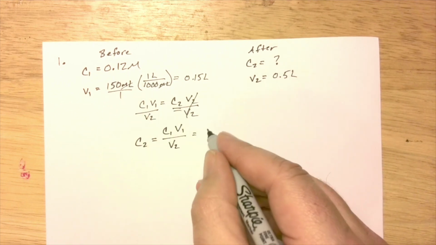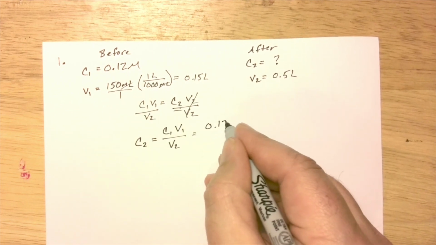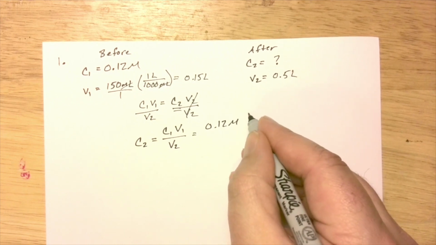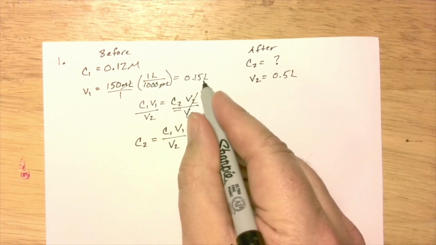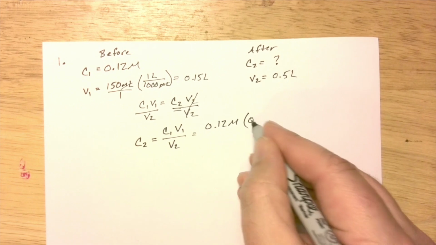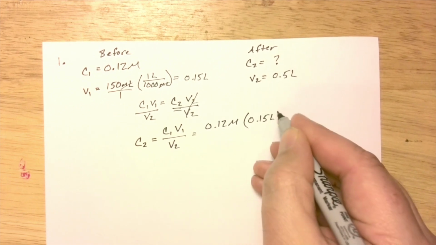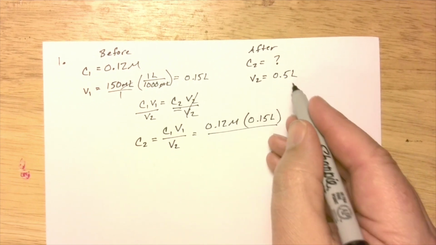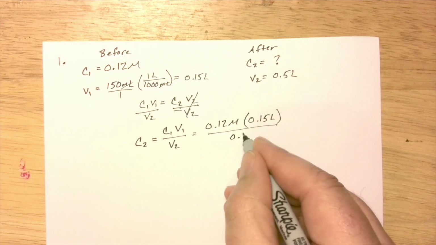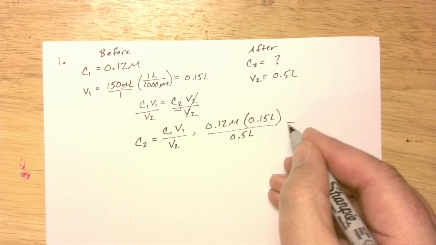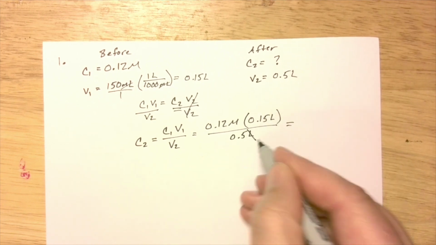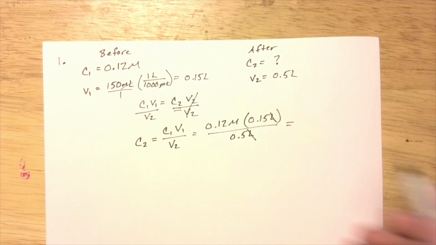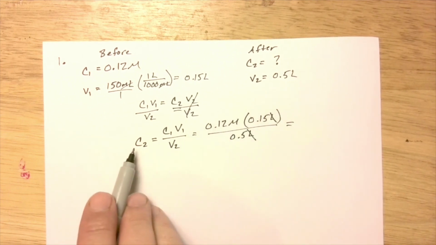C1 is 0.12 molar. V1, you want to use the liters, 0.15 liters. V2, 0.5 liters. Now if you look at the units, the unit liters will cancel out. You're left with the unit molarity, which is a unit of concentration.